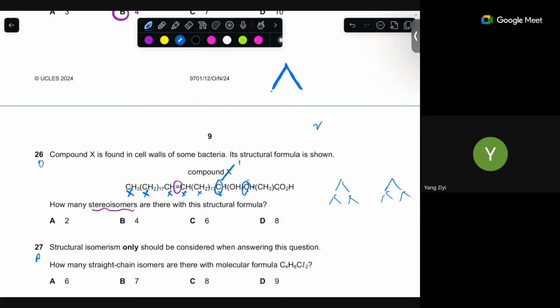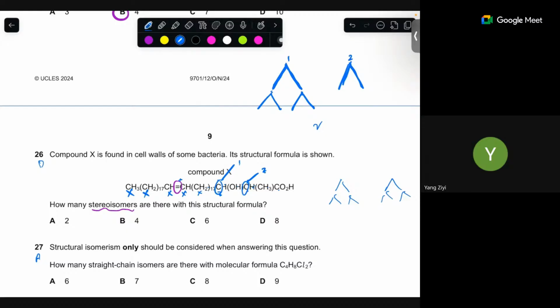And then do remember, from these two optical isomers, there is going to be cis and trans. It means there is cis, there is trans, there is cis, there is trans. This is number one. If you take number two, the optical isomers, they have two.